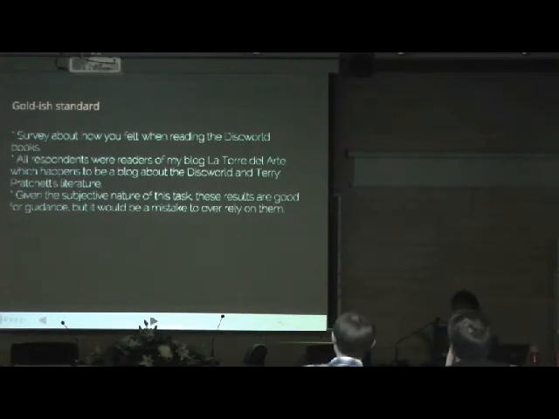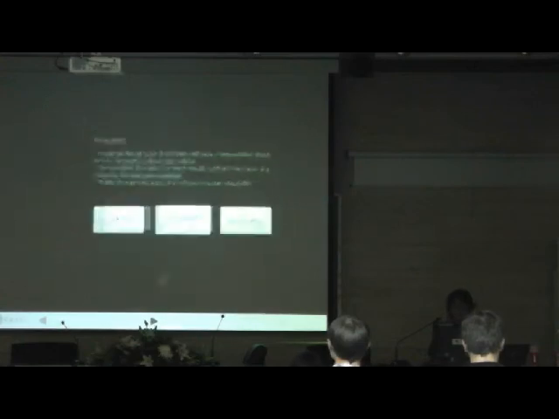And 10 was, this book made me feel very happy and I felt good when I finished reading it. The idea was to compare to what extent this human judgment replicated the scores given by the automatic methods.